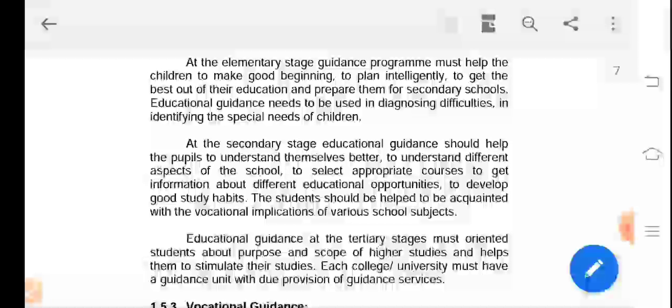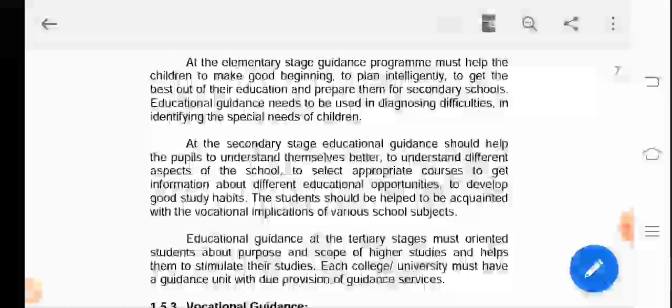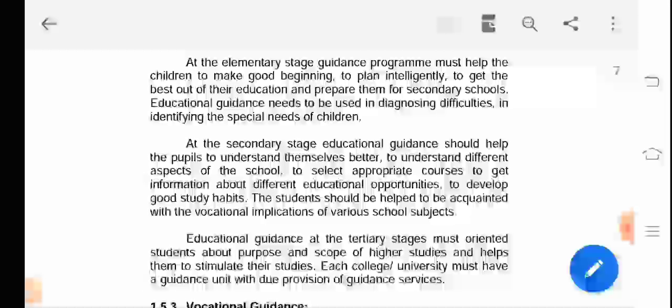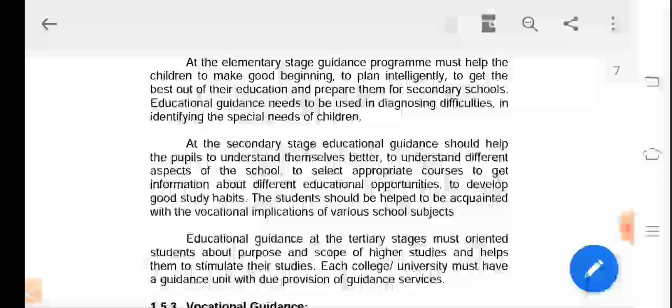It also helps them to be well acquainted with the various vocational implications of various school subjects. If they select a particular course, it helps the individual or the child to understand what the vocational implications or vocational opportunities of various school subjects are.